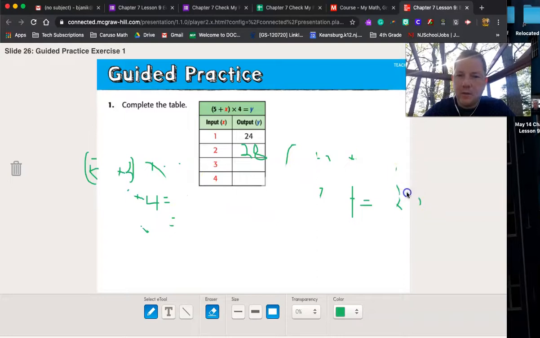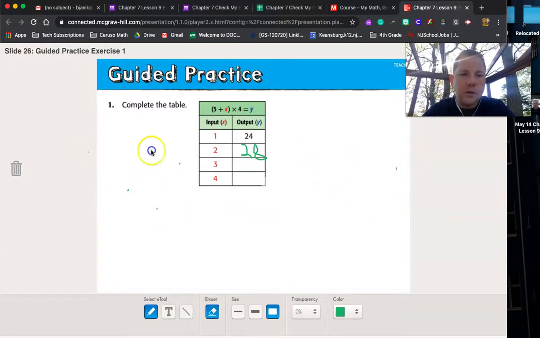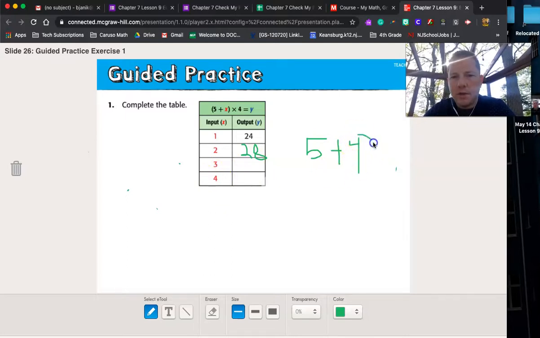All right, let's do the last one, where we're going to plug in 4 into the equation here. All right, so get my pen back. So we're going to do 5 plus our last input here, 4. Put it in the parentheses. If I was doing this on paper, it'd be much neater. Times 4 equals y.